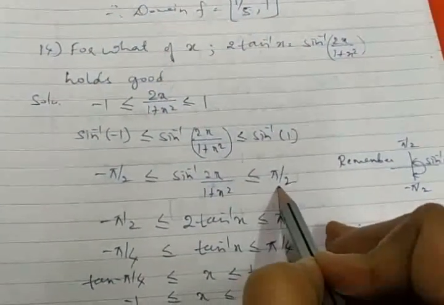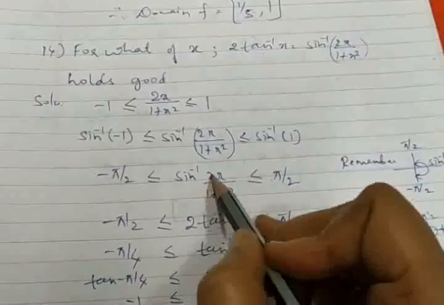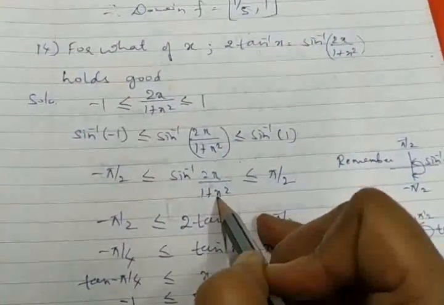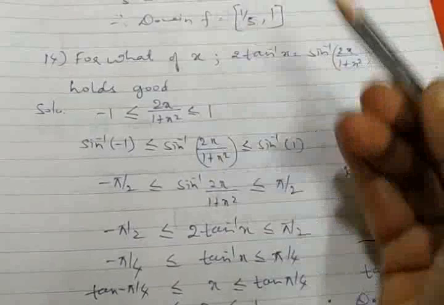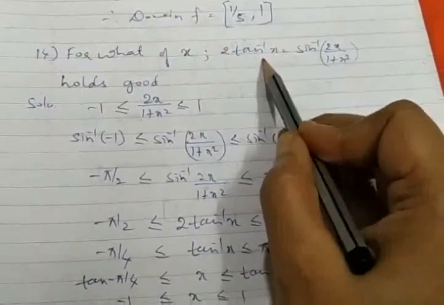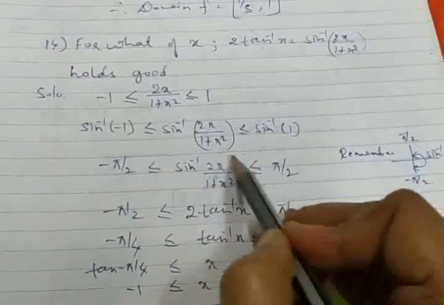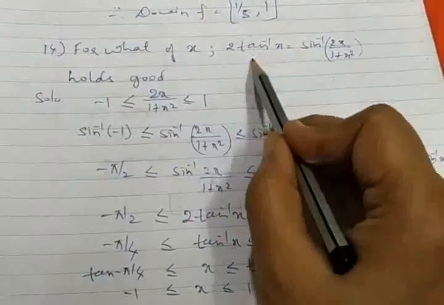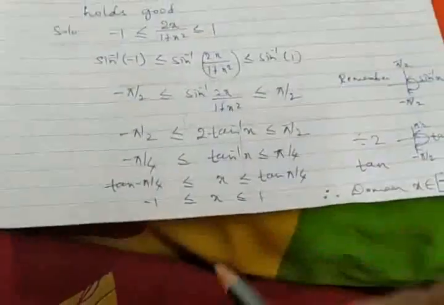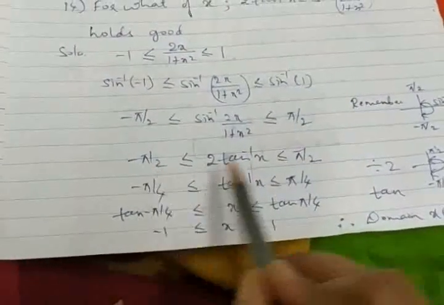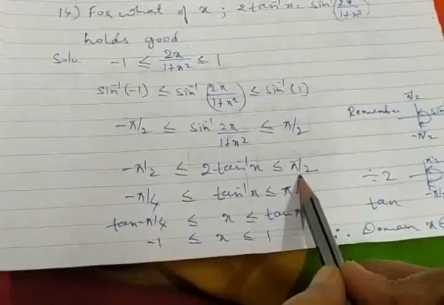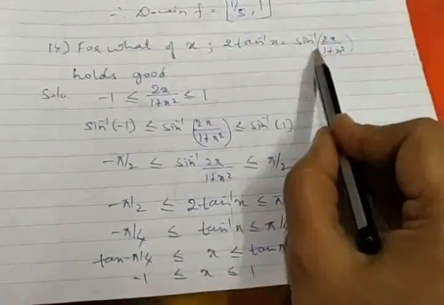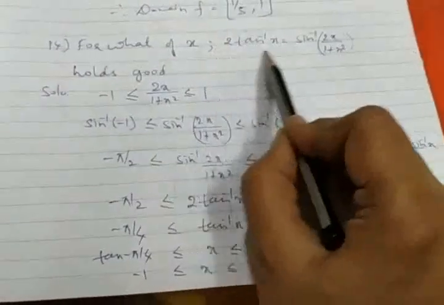But still it is not the end. If simplifying inside this question becomes tough, anyway we are proving this result is equal to 2 tan inverse x. So the sine inverse of the whole result will be automatically balanced with 2 tan inverse x, which lies between -π/2 and +π/2. So this is tan inverse, actually an angle.